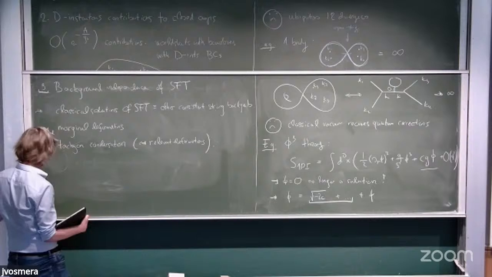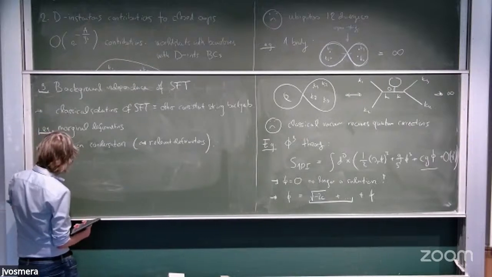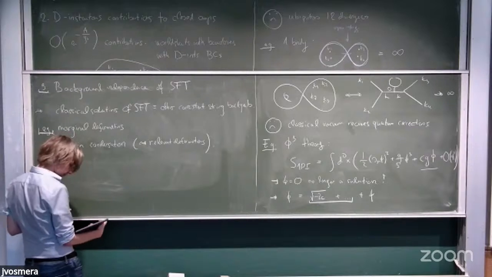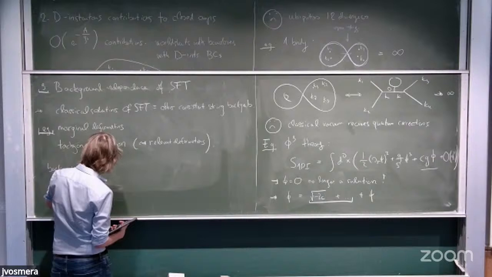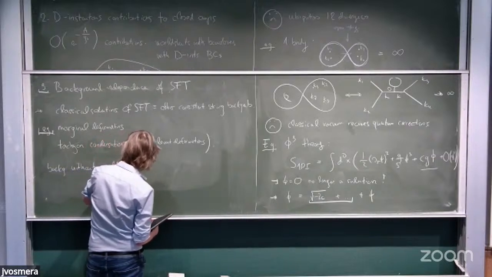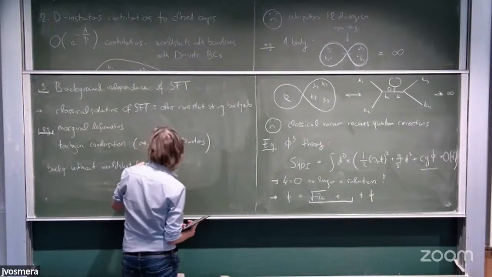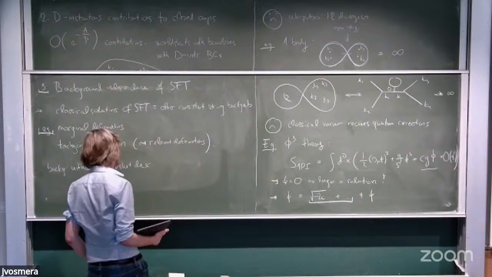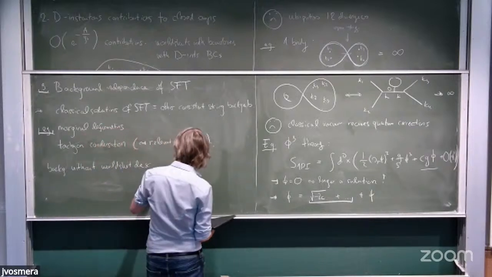So let me put that down. Background without a worldsheet description. For those backgrounds, of course, we do not know what to do at all in the usual first quantized worldsheet setting.